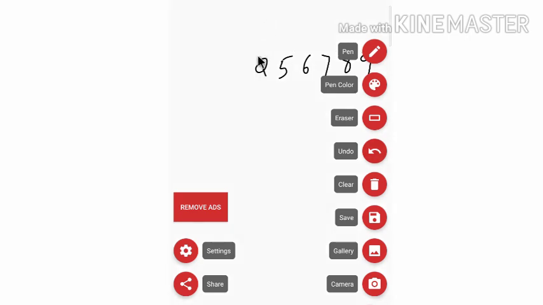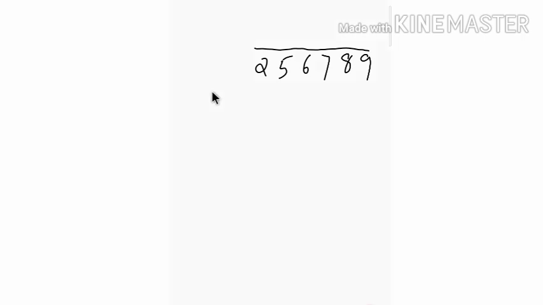Now let's divide these two numbers. 25,678,9 divided by 21.